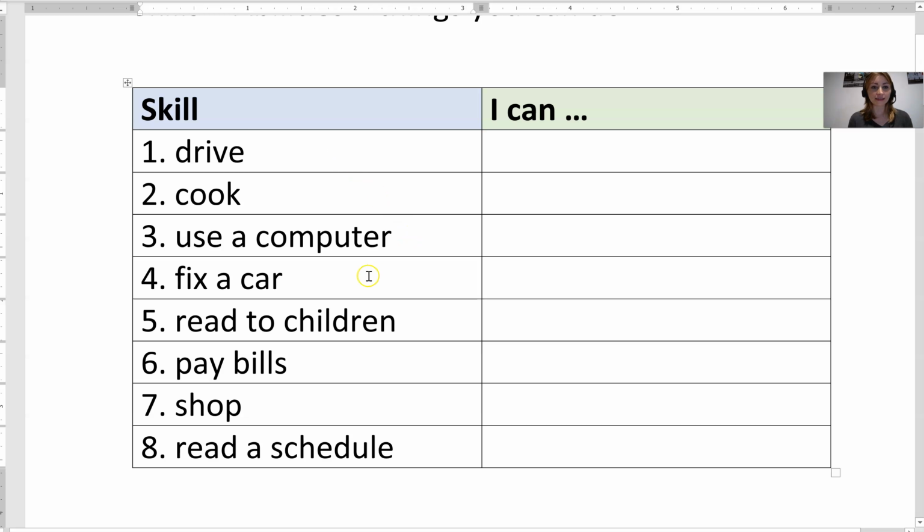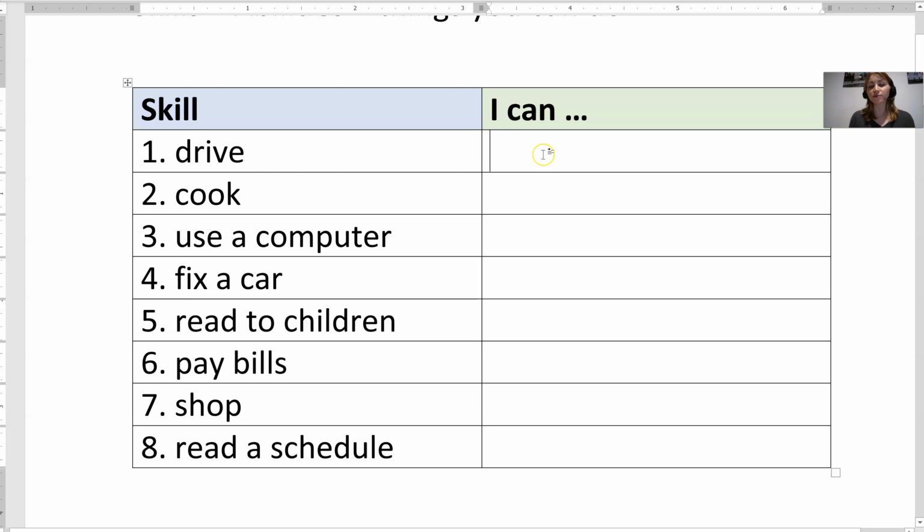Another one like number 4, fix a car. So I cannot fix a car, but my dad can fix a car. I can fix a computer sometimes. So we all have different skills we can do, and you can of course change these.